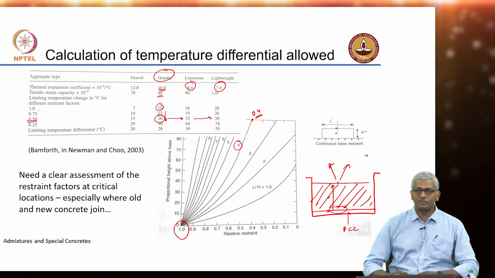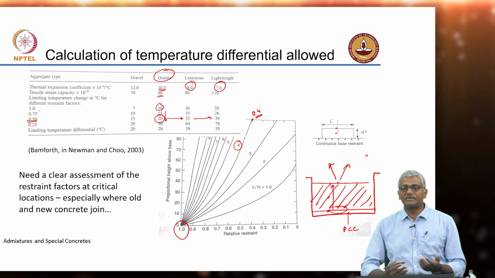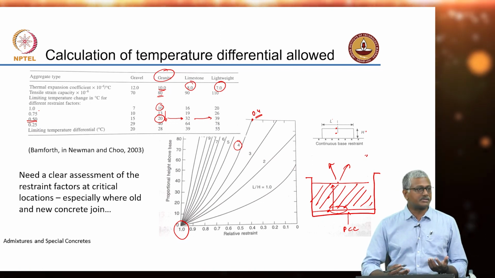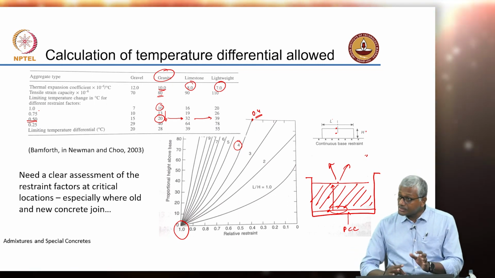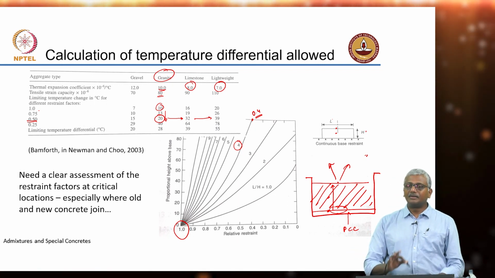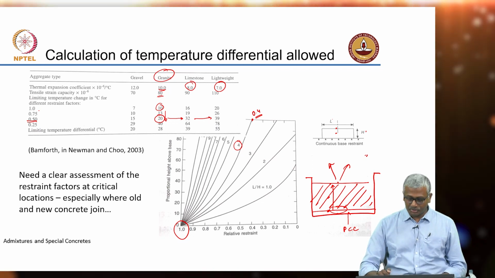Let us say by 7 days or 14 days, when the concrete has gained sufficient strength, even if there is a differential of close to 20 degrees Celsius, it may be able to take that. Tensile strength would also have developed to an extent that concrete is able to take that level of tension caused by this temperature differential.